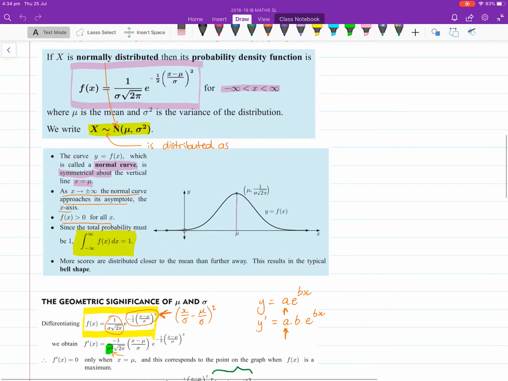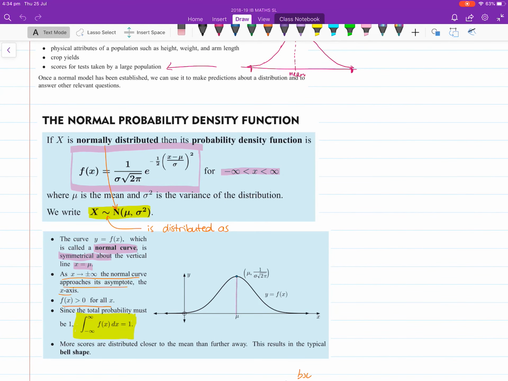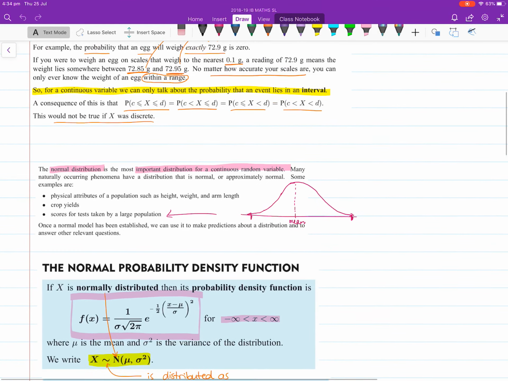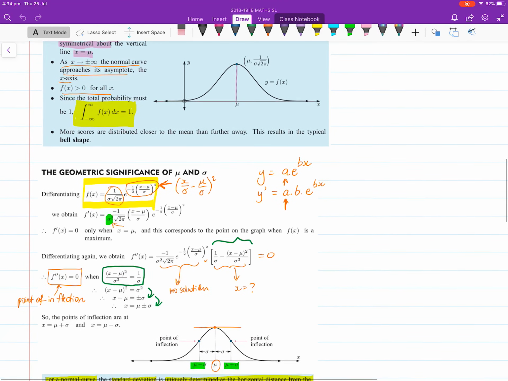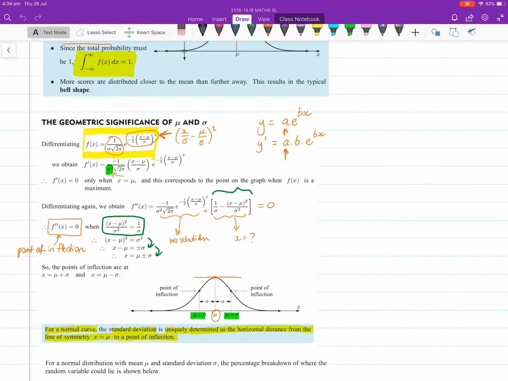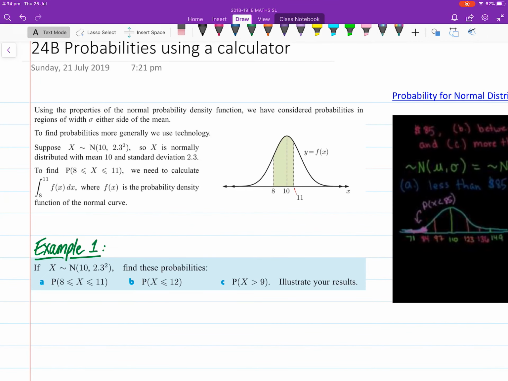And if you remember, the mu symbol stands for your mean, and the sigma stands for the standard deviation, okay? And that is going to be helpful for us in this next section. So here we've got our normal distribution, and you can see in this example the mean happens to be 10.